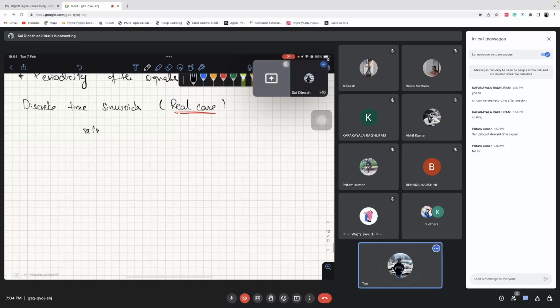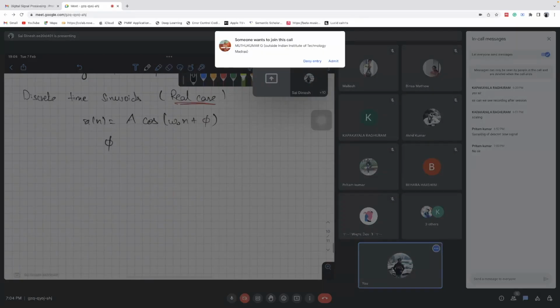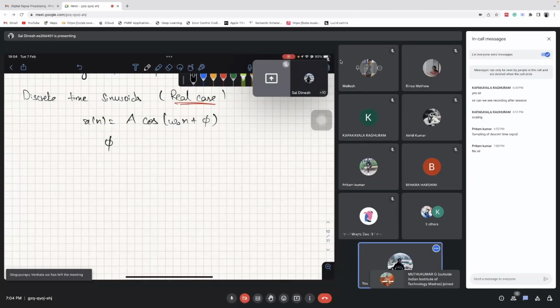So x of n is, let's say, A cos(omega naught n plus theta), where theta belongs to minus pi to pi or 0 to 2 pi.